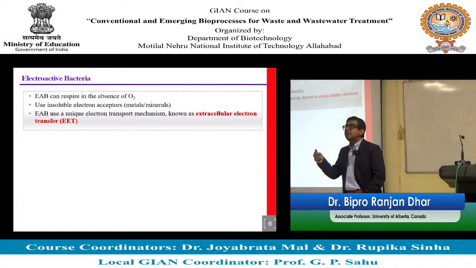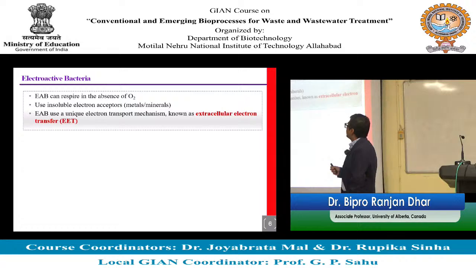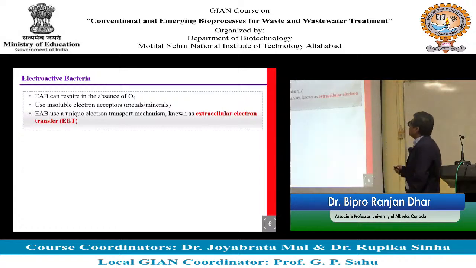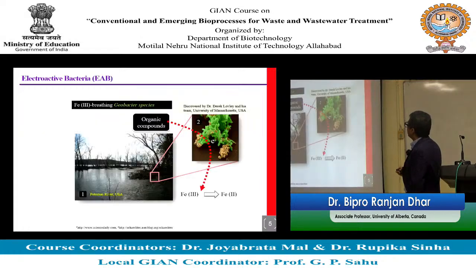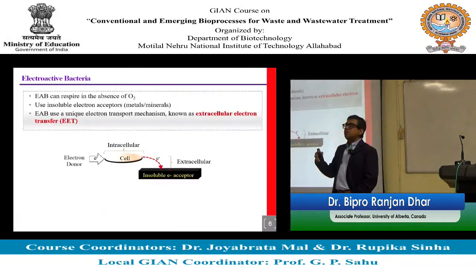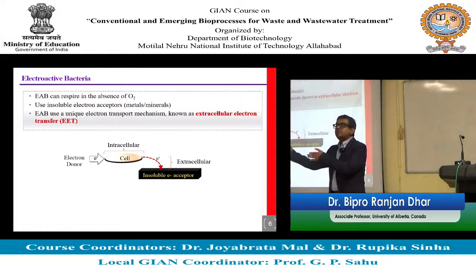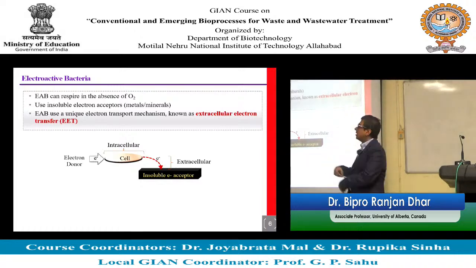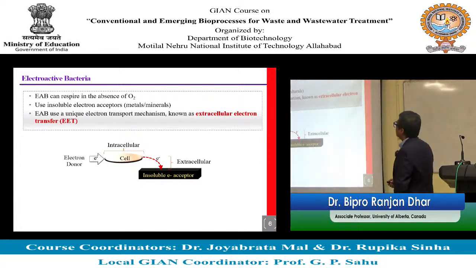This is a unique example of anaerobic respiration, because they can use insoluble electron acceptors like metal minerals. In our case, in a microbial electrochemical cell, they are transferring the electron to the electrode. EAB use a unique electron transfer mechanism called extracellular electron transfer.